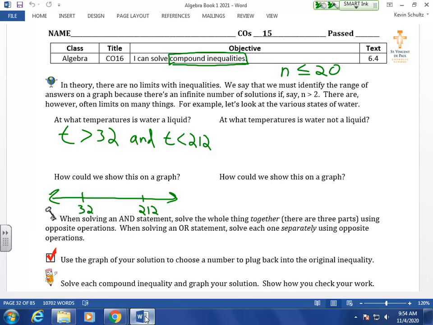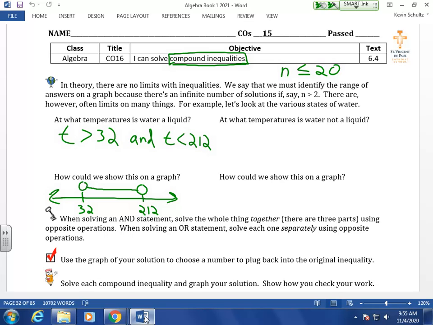What circles are going to go above 32 and 212? James? Open, because not including 32, not including 212. And we're going to connect these with a line. This graph shows us that those temperatures greater than 32 and less than 212, water is going to be a liquid.